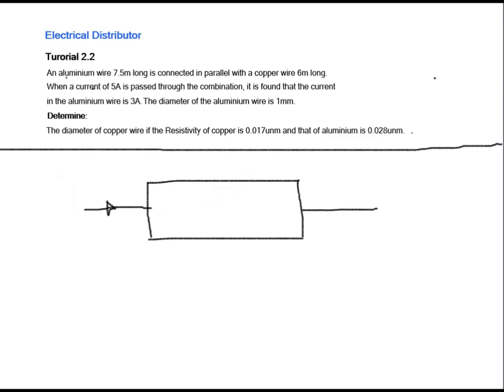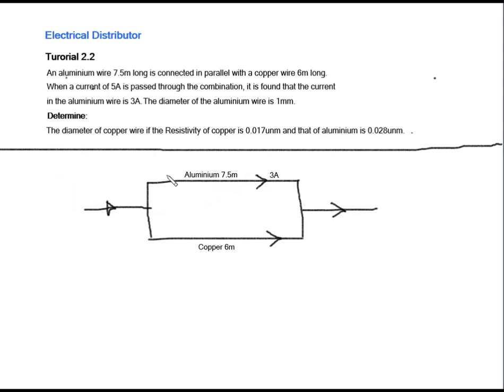Then there is a current going in and coming out, which is a current of 5 amps. Now that current is splitting into two as a parallel branch and mixing up right at the end. So the aluminum wire is 7.5 meters, the copper is 6 meters. We draw the circuit.